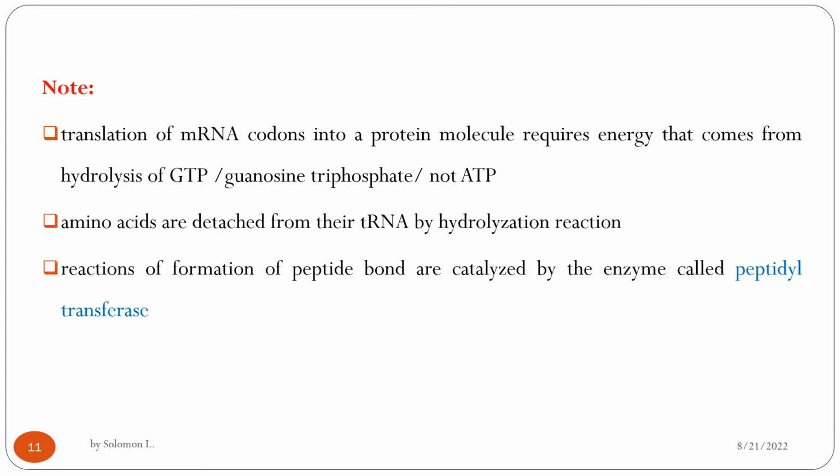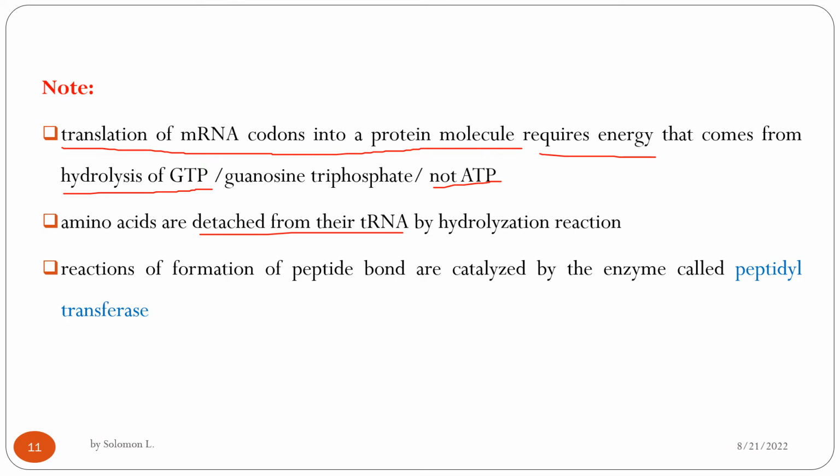Here is a note to add. Translation of messenger RNA codons into protein molecules requires energy. This energy is obtained by hydrolysis of guanosine triphosphate, that is GTP, not ATP. Amino acids are detached from their transfer RNA, because once transfer RNA brings the required amino acid, they are detached from each other.